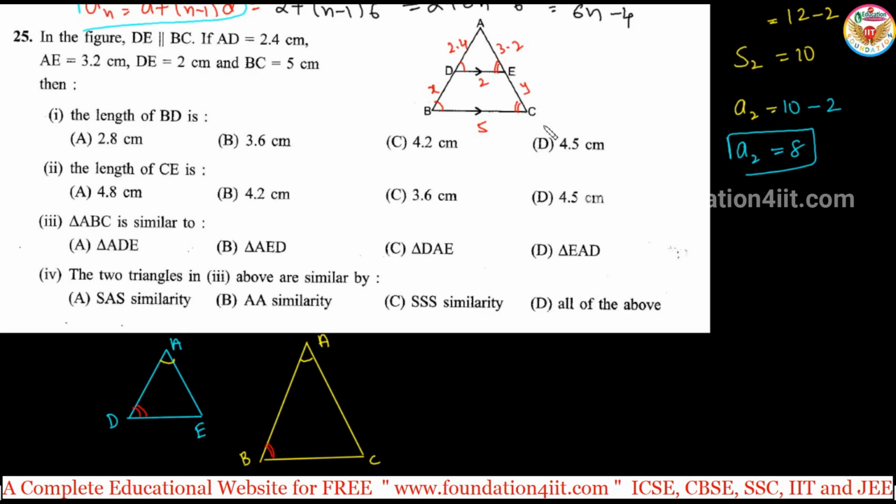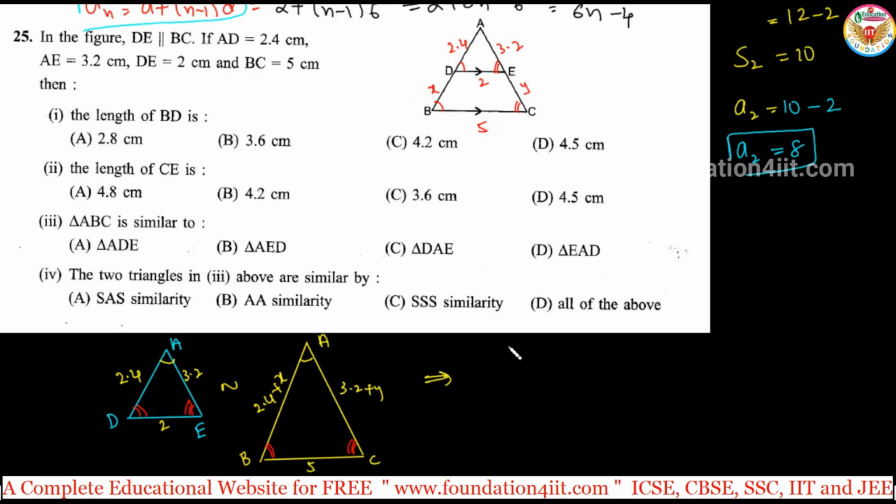When two lines are parallel, it is a transversal. So these two angles are the same. So according to AA axiom or AAA property, these two triangles are similar. Whenever two triangles are similar, corresponding sides are in the same ratio. So here is the given data. AD is 2.4 is given and AE is 3.2, AB is nothing but 2.4 plus x, and AC is 3.2 plus y, and DE is given 2, BC is given 5.